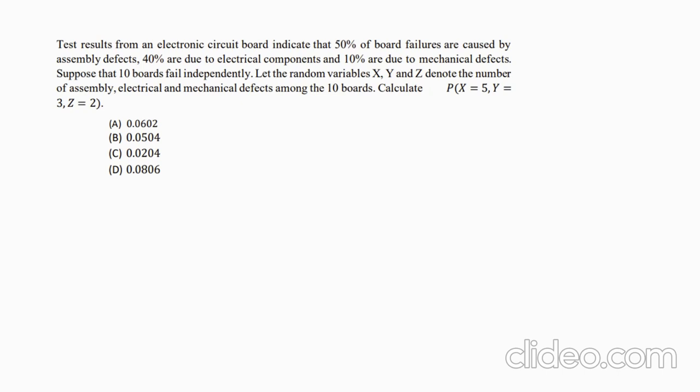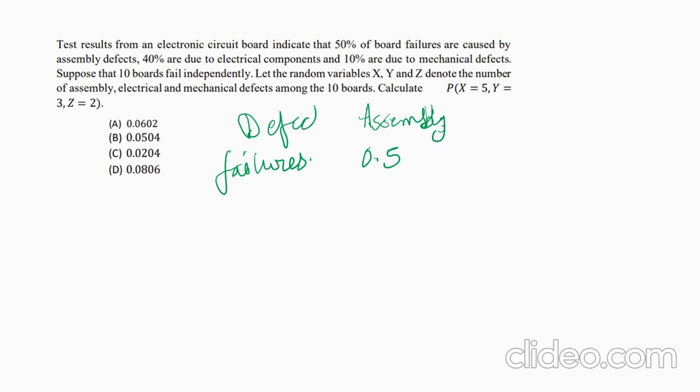So firstly, what is given here is that 50%, that means 0.5. So let's just say failures happen due to assembly, and this is the failure probability.